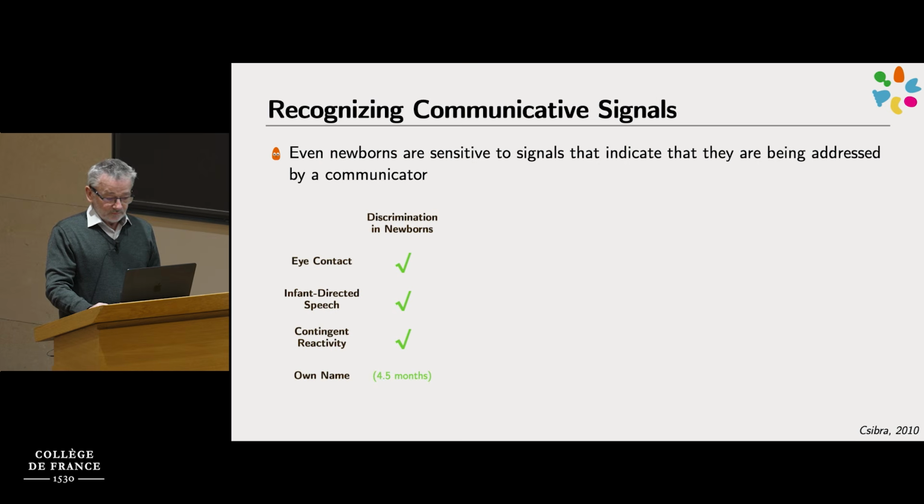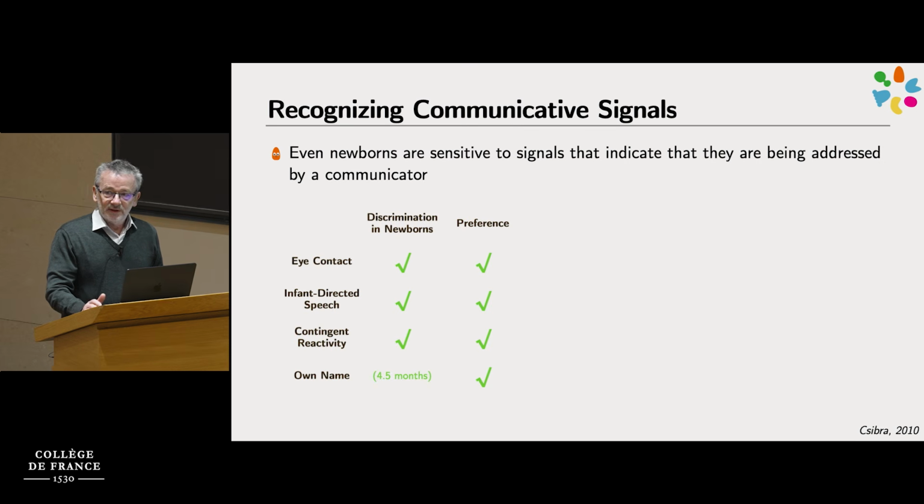So we know that these stimuli are discriminated from similar stimuli in newborns, not their own name, but their own name is the first one that they can extract from a noisy acoustic environment at about 4.5 months of age.